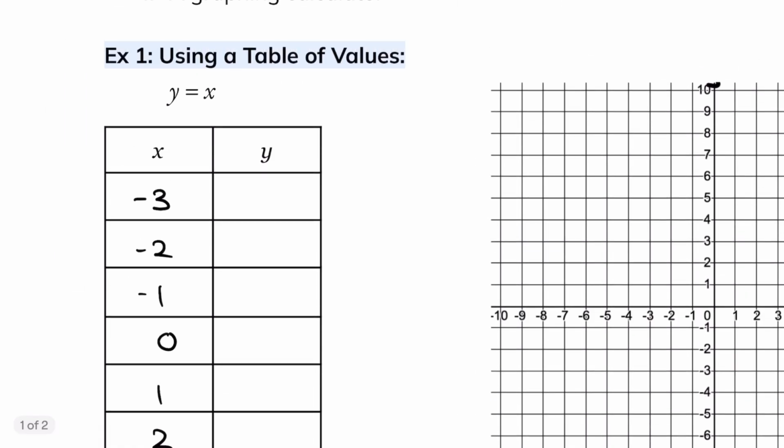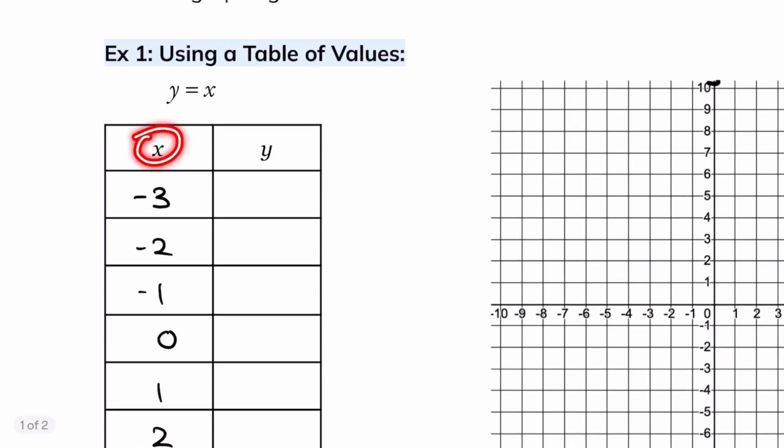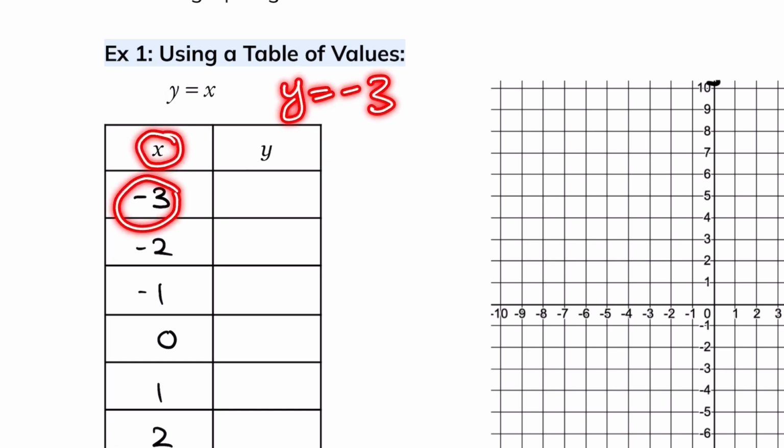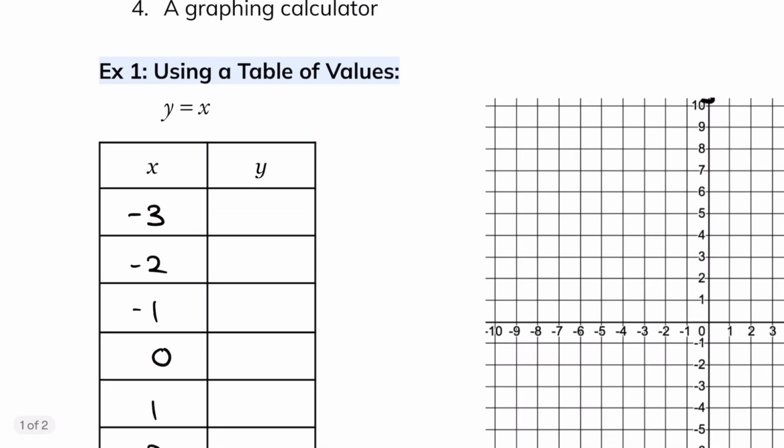So what you do is you take your x value right here, for example -3, and you plug that into your equation for x. So y here would be -3, because I took this x value and put it here. This is a very simple kind of equation. Usually you're going to have some kind of operations, like y is equal to 2x plus 2.